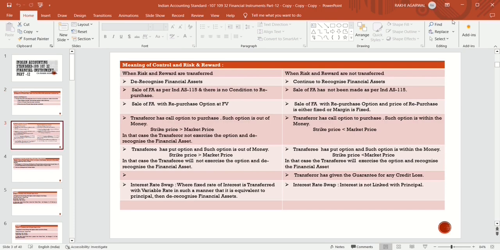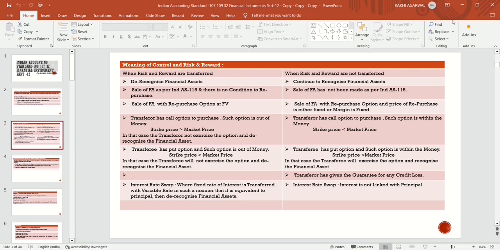Now, what do you mean by control and risk and reward? For risk and reward, we have to check two conditions. Firstly, when risk and reward are transferred, in that case how will we account, how will we make the derecognition. And when the risk and reward of the financial asset have not been transferred.